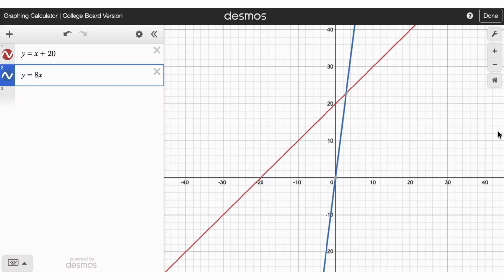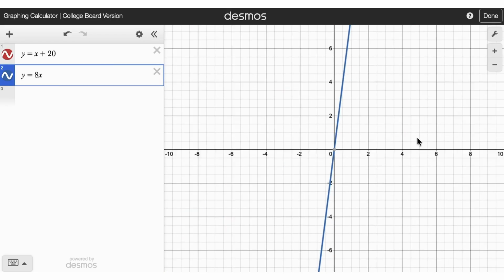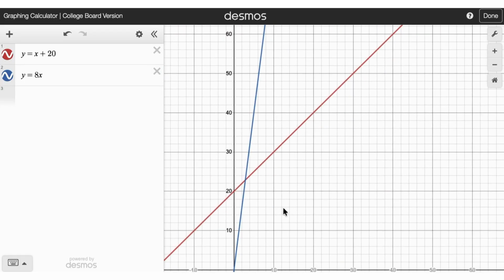I've typed the equations that they gave us in the question here. This is what you would get if you're zoomed in, and if you zoom out a bit, you would find only one intersection. Now that's it. We've solved the question. You can check it with Desmos again, and you can move on in the exam.